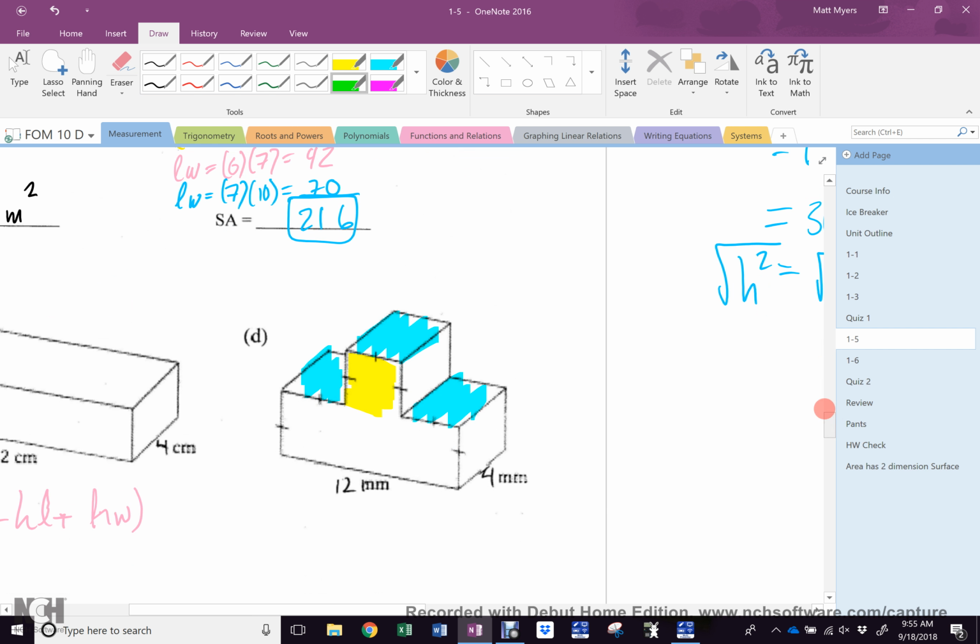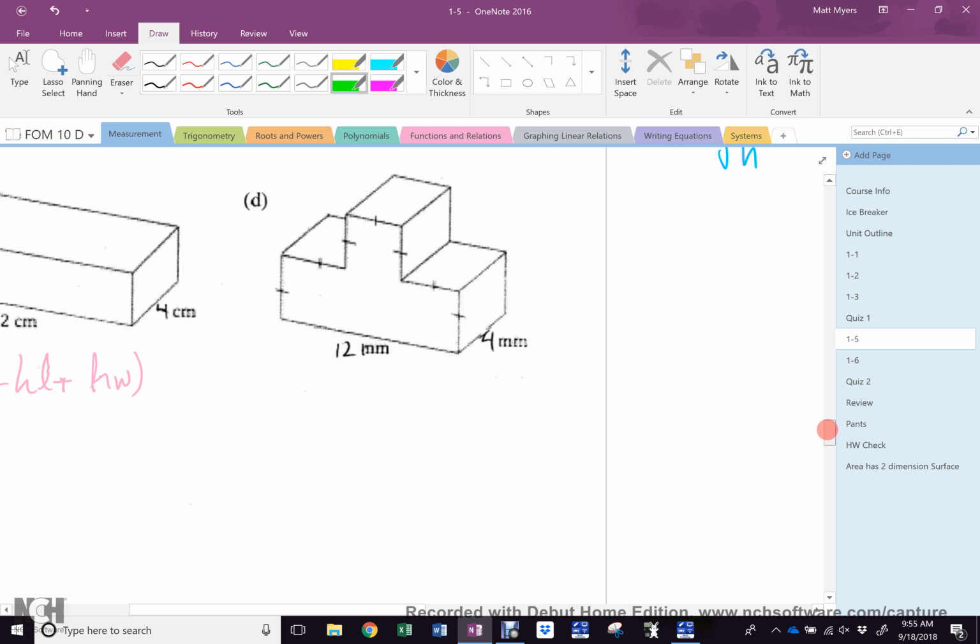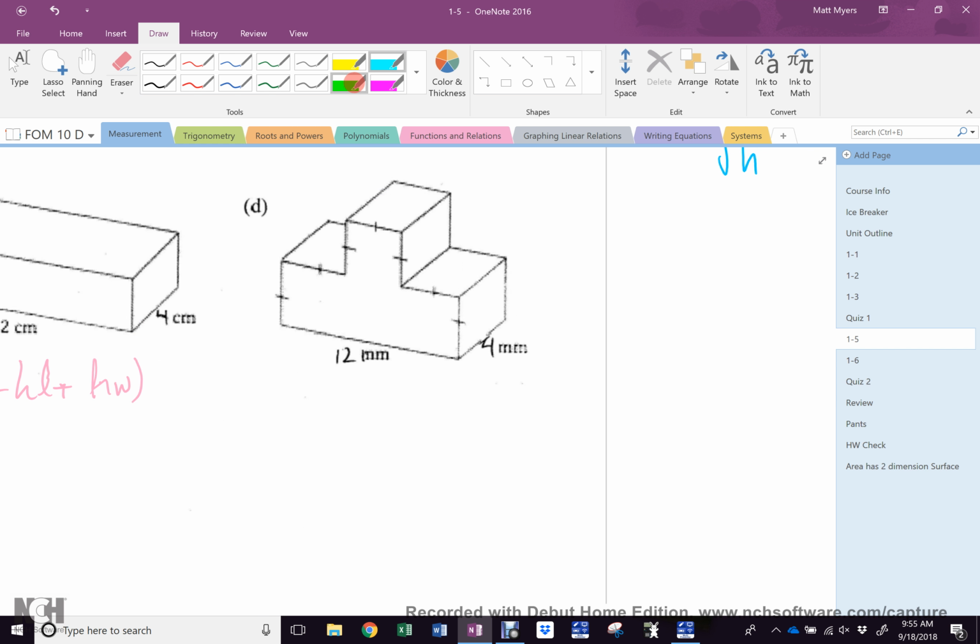I don't remember the answer for this, but I bet a few people are going to want to change theirs. What does 12 and 4 look like? Well, let's talk about it. If I was doing my way, then the whole bottom would be 2, and it would be 12 by 4, right? 12 times 4? Length, width, height, right?